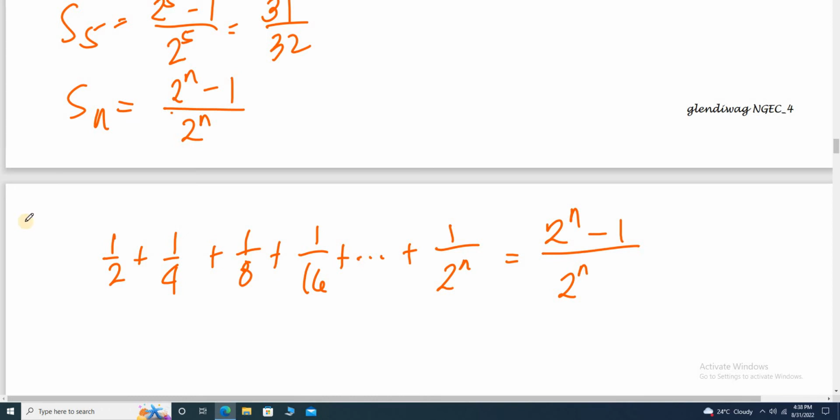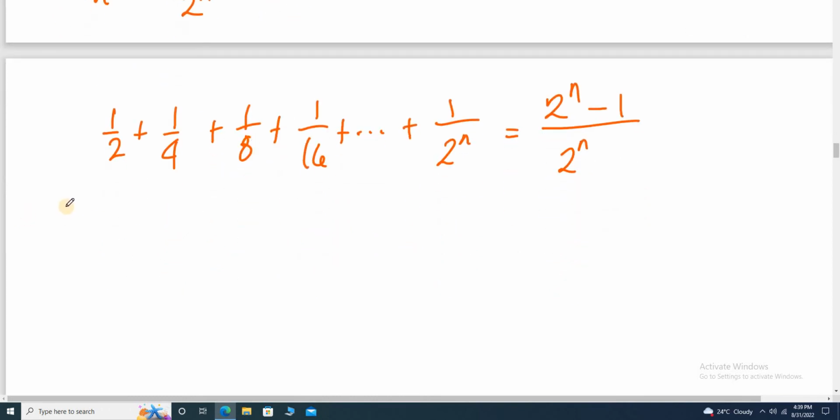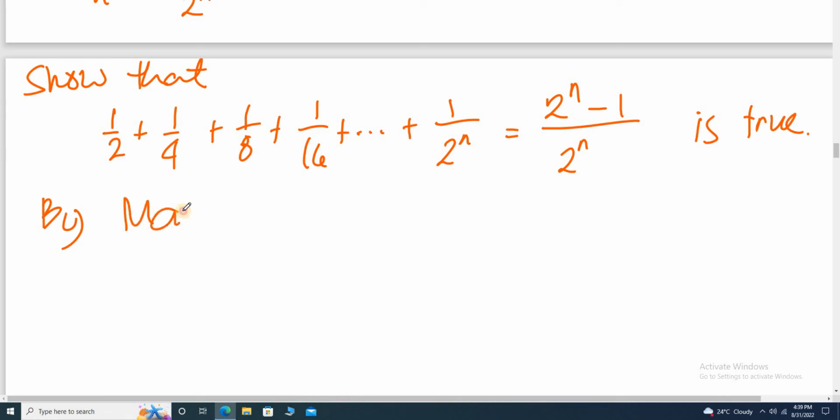Now, how can I convince myself that this equation is true? So let's show that this equation is true by, of course, mathematical induction.